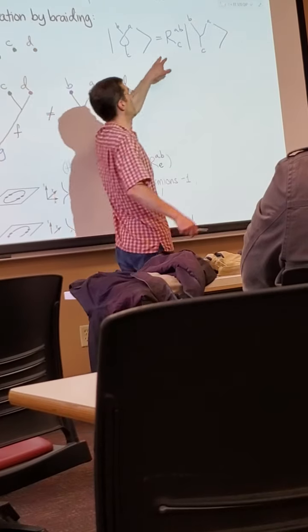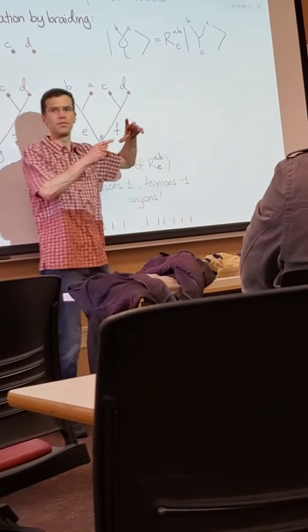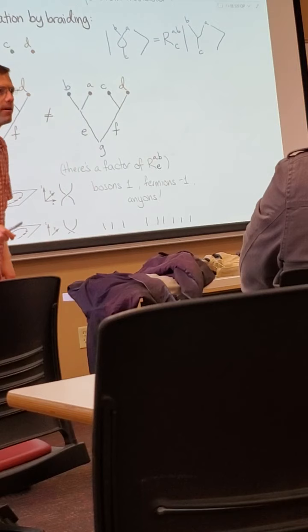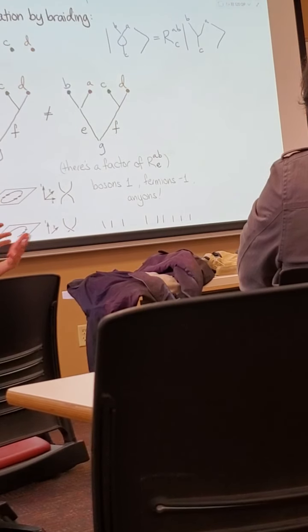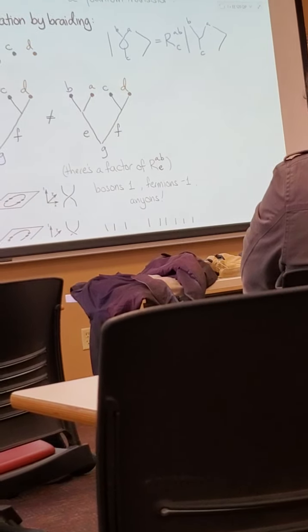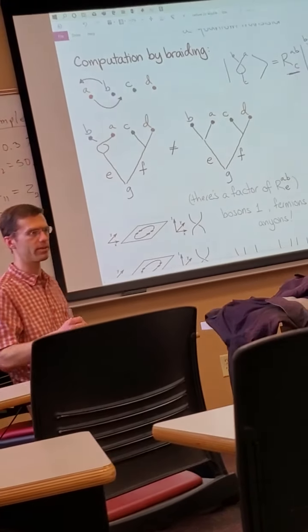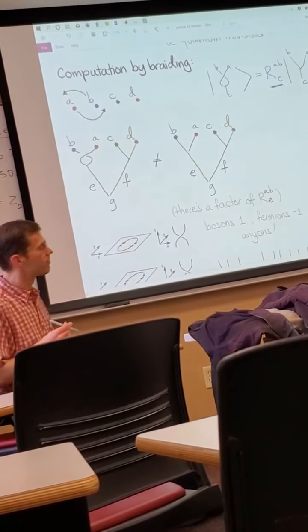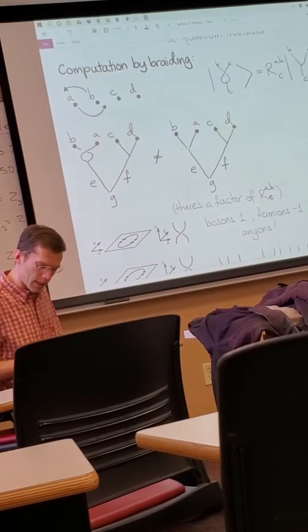Where R, A, B, C is a complex number of magnitude 1. And it's part of the specification of the model. So when somebody tells you Fibonacci model, or Ising model, they have to tell you what all these numbers are. Okay.